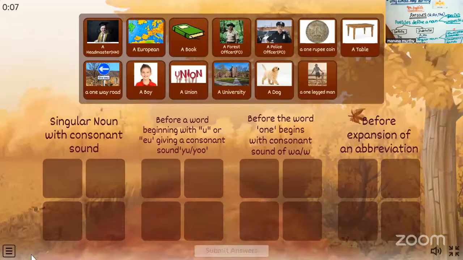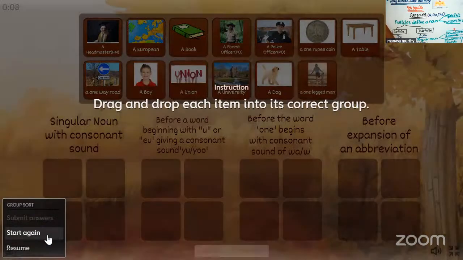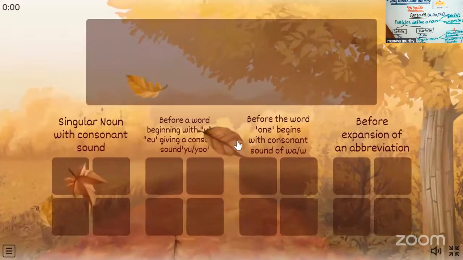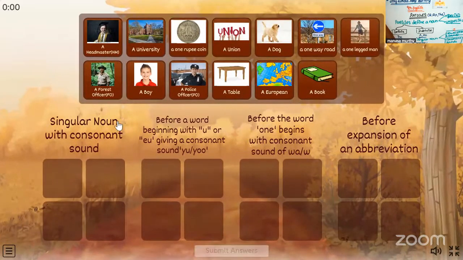Where do we use this article? Singular noun with consonant sounds. First, we'll get to know singular nouns that have a consonant sound. For those words, we prefix it with the article a. Before a word beginning with u or eu giving a consonant sound of you, like Europe, wherein the letters are EU, but it has the sound of YU.